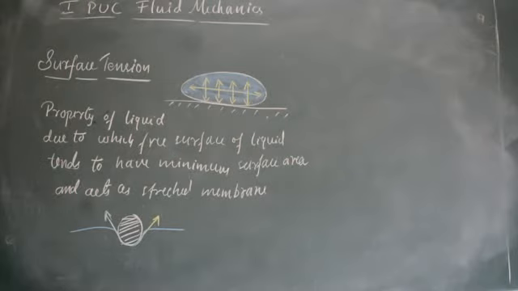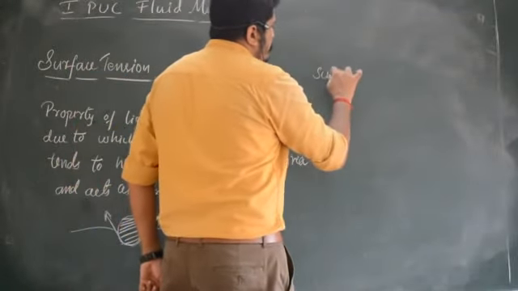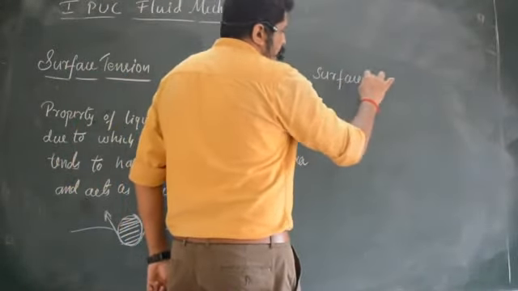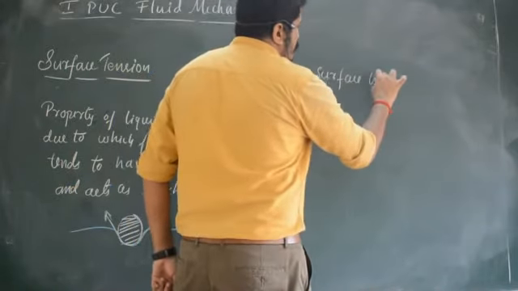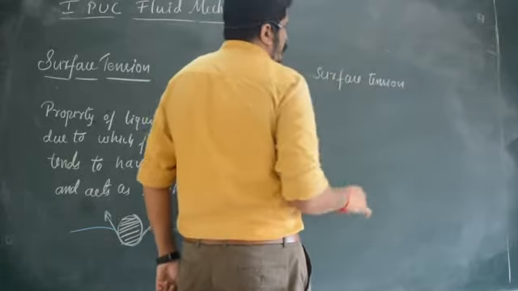So next, let us see. For example, you can write this as a definition. How to write? Let us see. Surface tension is equal to tangential force per unit length. Here I will write one more definition for the sake of the equation.